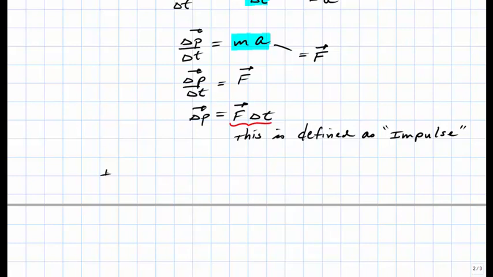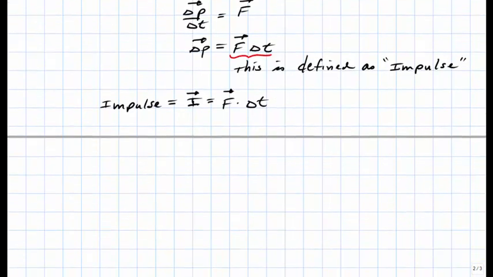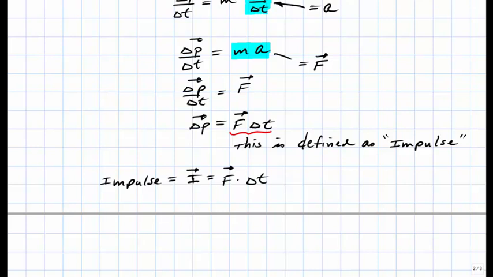And so, impulse is abbreviated now by the letter I. It is a vector quantity because it has a direction, and I just equals force times change in time. It also equals the change in momentum, right?